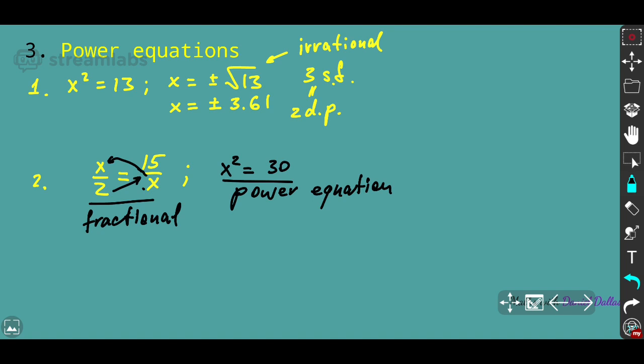So you take x, you take the square root, and that's how you can find two values, plus and minus the square root of 30. If you need to calculate, just go and do that. Alright, so that was examples of power equations, and it seems to me that's okay.